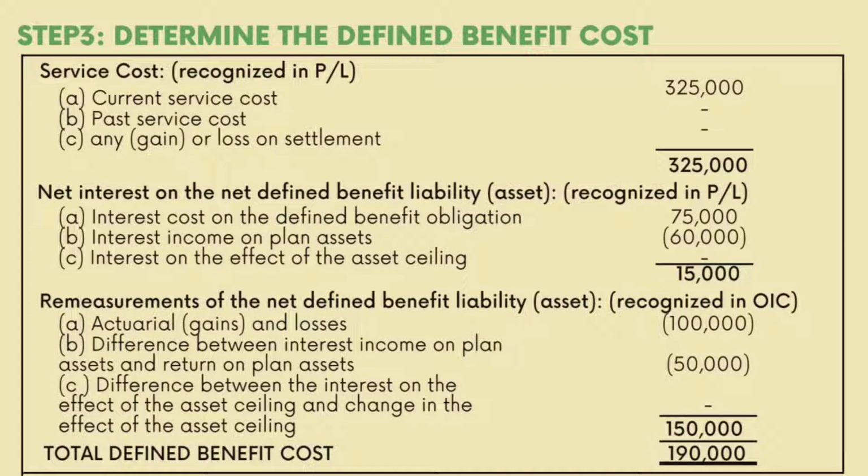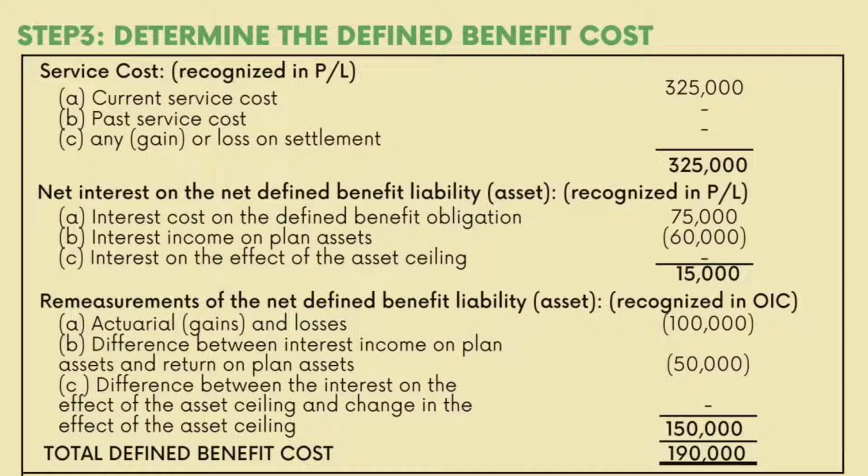Second is the net interest on the net defined benefit liability naman. Para makuha ang interest cost on the defined benefit obligation, ay imumultiply yung present value of defined benefit obligation ng January 1, 20x1 na 1,500,000 sa 5% discount rate, which is ang lalabas ay 75,000.